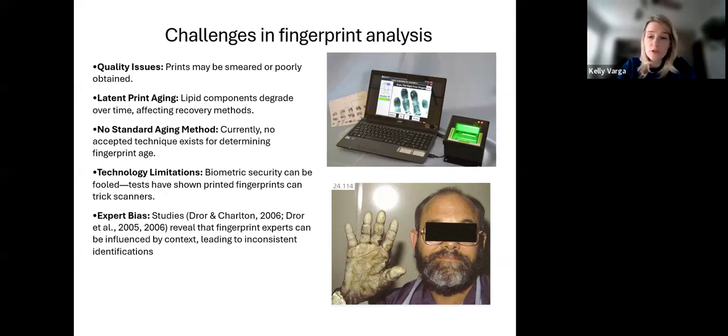And unfortunately, we're humans. Those that are doing the expert analysis of these things can be flawed. There were studies done back in the mid-2000s that revealed individuals who had testified on one case, on behalf of either innocence or guilt, were given the same exact sets of prints they testified on and gave a totally different narrative of whether or not it matched.